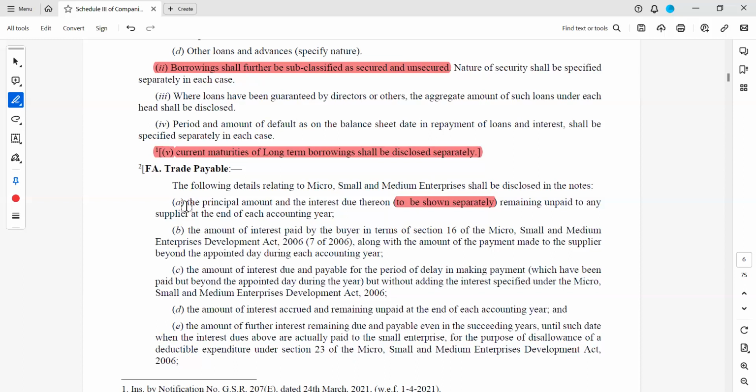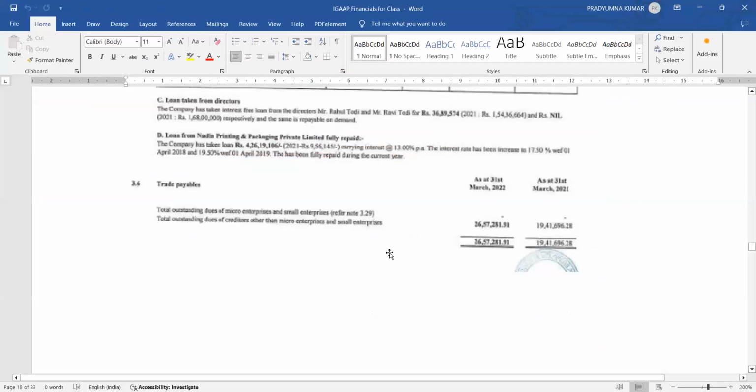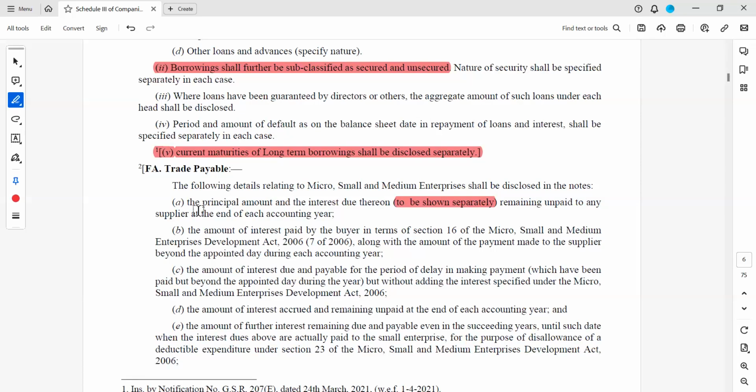For each of this A, B, C, D, E, because these people don't have MSME outstanding, they have not reported this. Otherwise, you can make a tabular form and disclose the amounts wherever applicable, or make it nil.